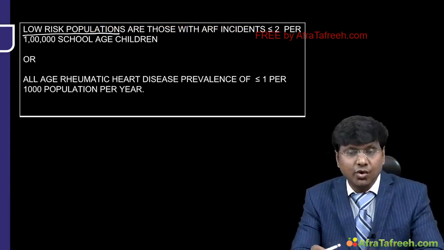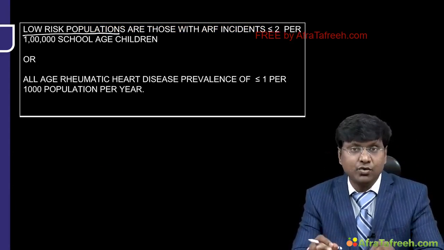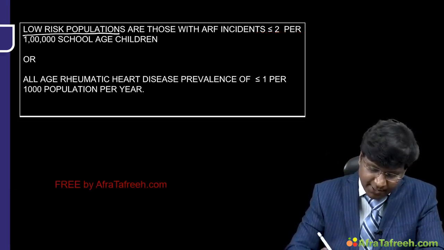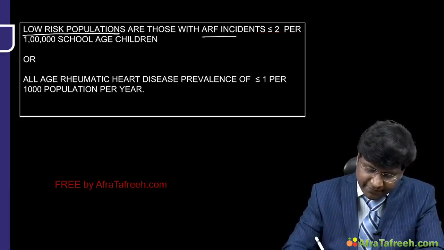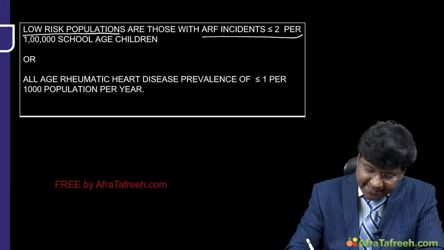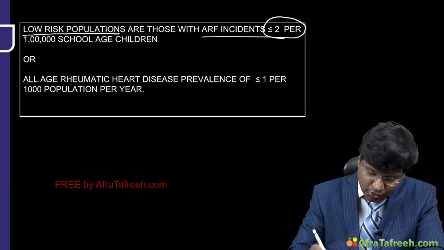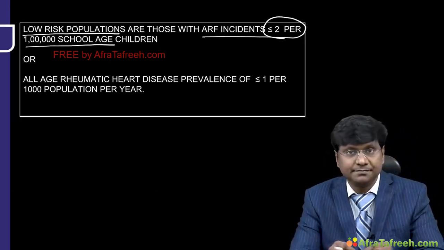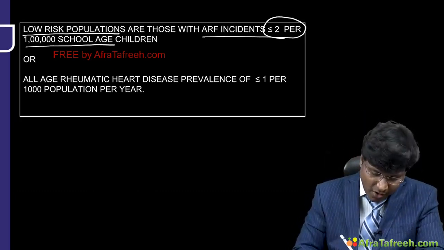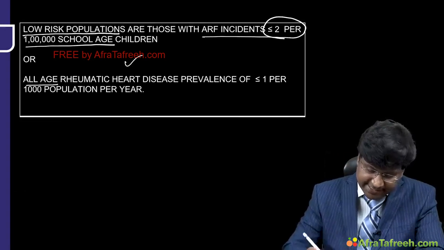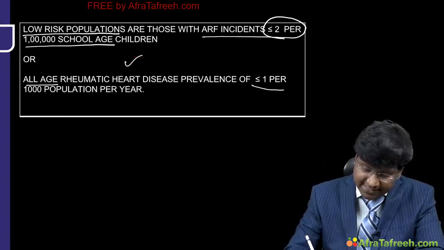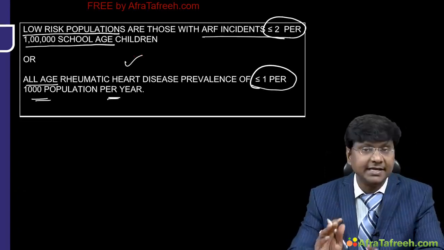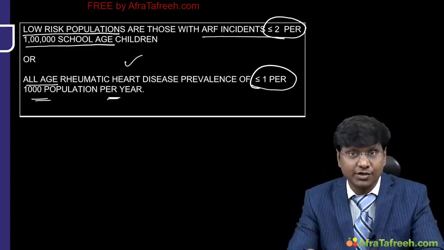To call it the low risk population, those are with acute rheumatic fever incidence less than or equal to 2 per 1 lakh school aged children, or all age rheumatic heart disease prevalence of less than or equal to 1 per 1000 population per year. This is your low risk.